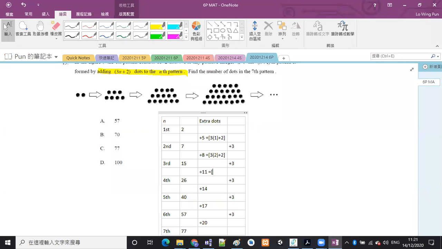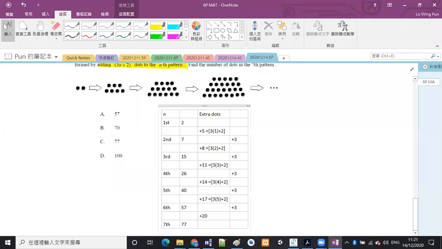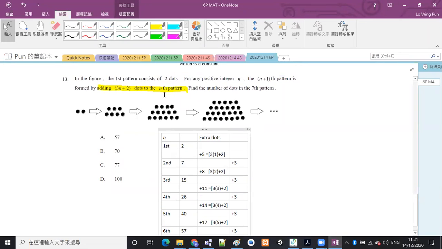And then this is actually equal to 3 times 3 plus 2. And this is 3 times 4 plus 2. And this is 3 times 5 plus 2. And this is 3 times 6 plus 2. Can you get this? This is actually following the rule set by the question.